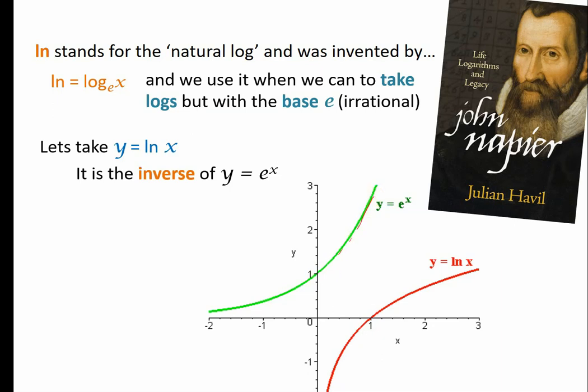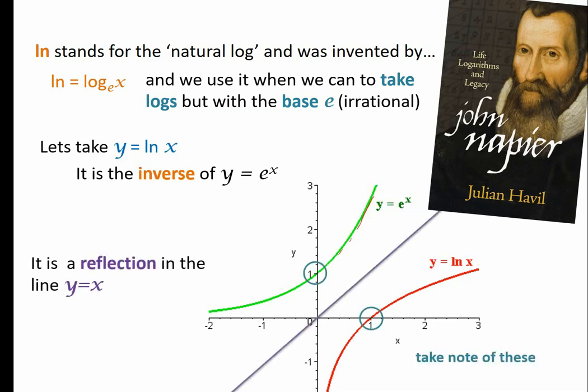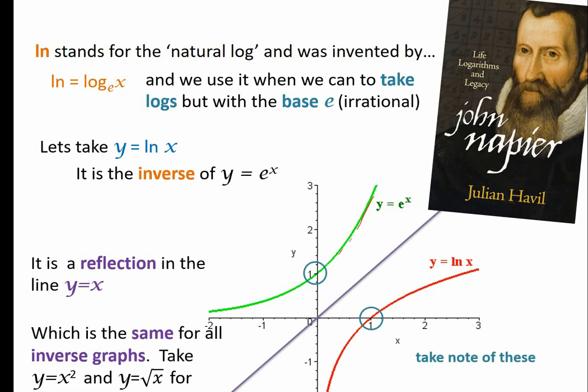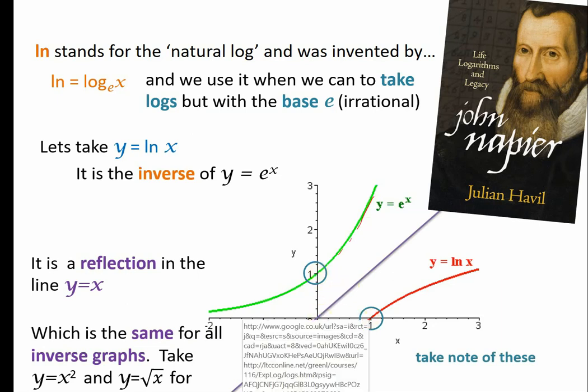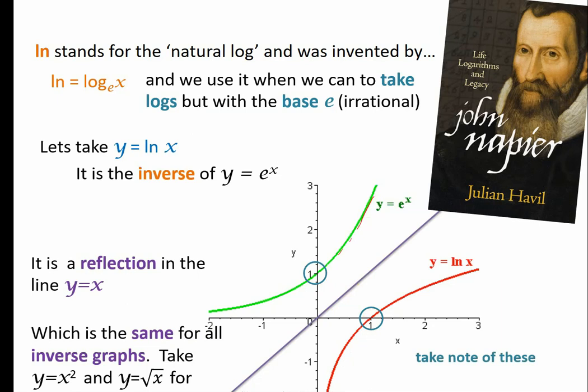And if we reflect that in the line y equals x, we get a log graph. And this is a natural log graph, but all log graphs will look the same. And you can see this point here, 0, 1, reflected in this line. So 1 down, 1 across. Very, very important to take note. Okay? And we've just spoken about what these two graphs look like. All of them are a reflection in the line y equals x.